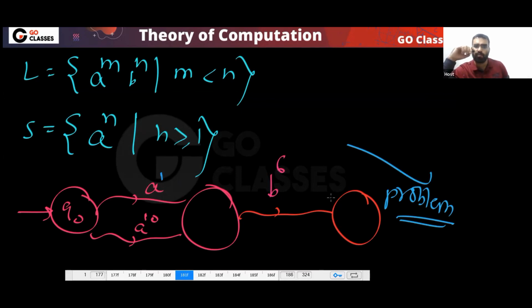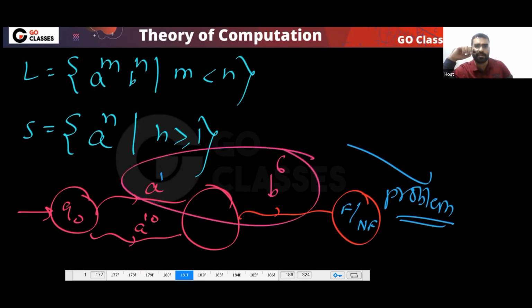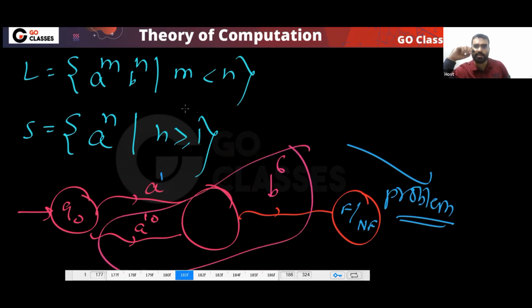Whatever you take, final or non-final, this will create a problem. If you make it non-final, this will be rejected, but this should not be rejected. If you make it final, this will be accepted, but this should not be accepted.